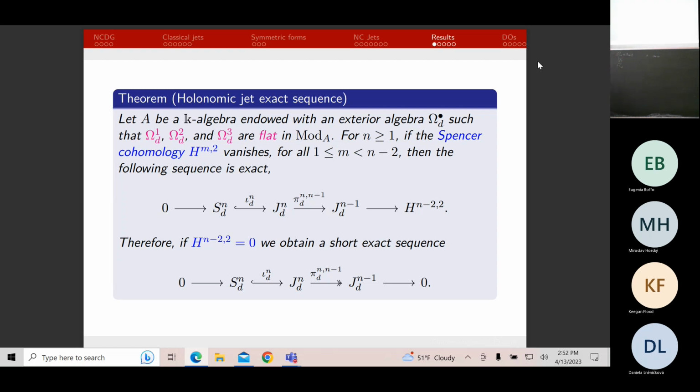And so I will rephrase this apparently strong condition into the following. Any reasonable notion of generalized vector bundle, on which we want to build a theory of differential equations, should have Spencer cohomology vanishing, if we want to hope to have some result. Okay, this is the main theorem.